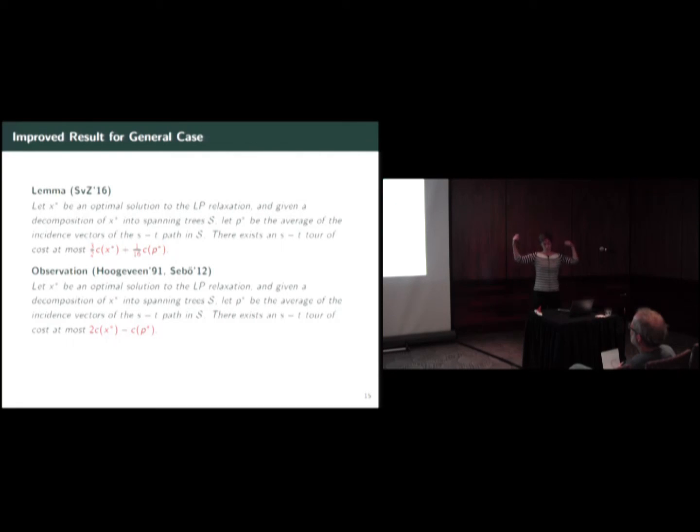And that's just by thinking if you take any tree, double the edges that are not on the ST path of the tree, that will give you a solution that's connected and in which all nodes have the right parity. Okay, and now we can just take the minimum of these two tours, and that has cost at most 3/2 plus 1/34 times the LP optimum.